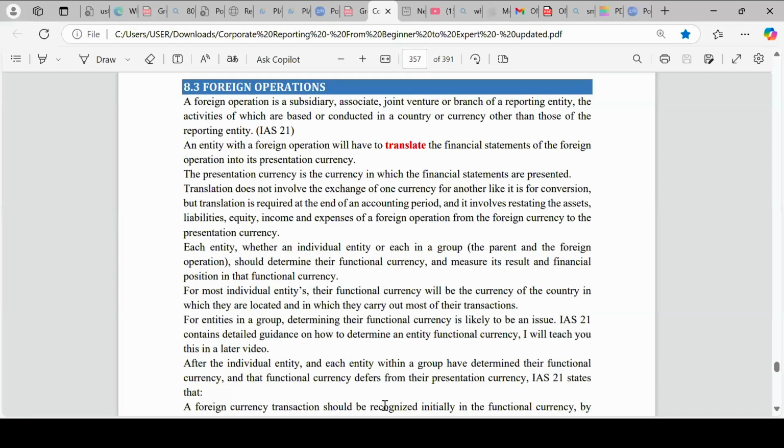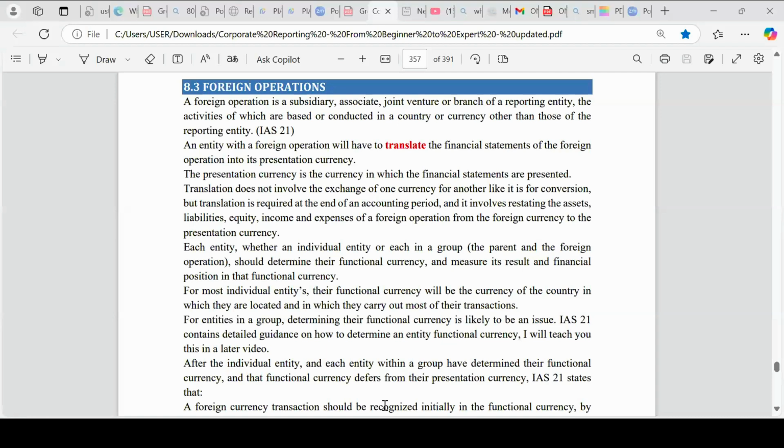Okay, so like I was saying, the company in Nigeria happens to be the parent company, the one that will present the consolidated financial statements, and has the responsibility to restate income and expenses of their foreign operations in naira and then present to the public.